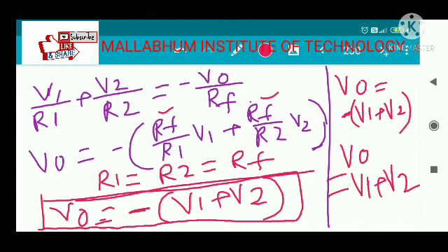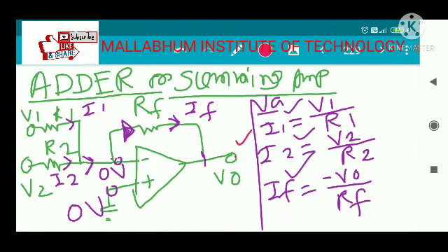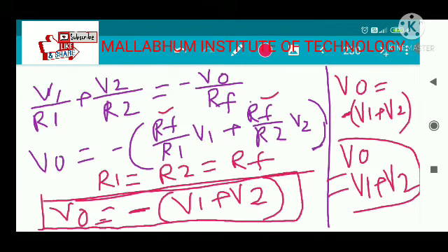After the extra inverting amplifier you can get the output V0 equal to V1 plus V2, a very smooth output. So next is your difference amplifier, the subtractor or difference amplifier.